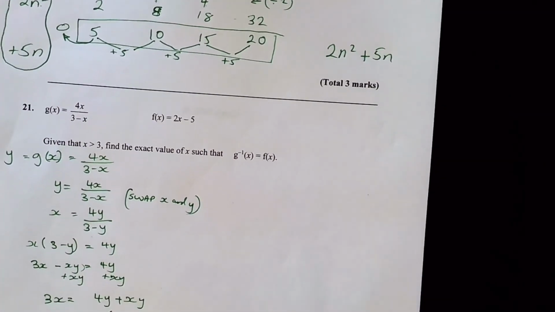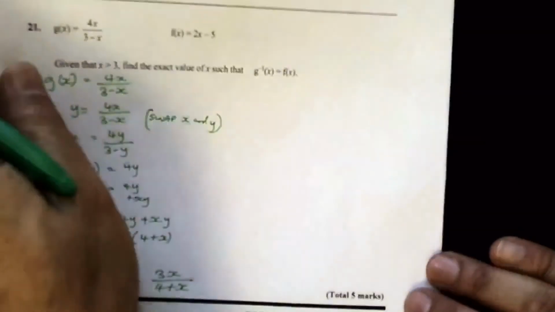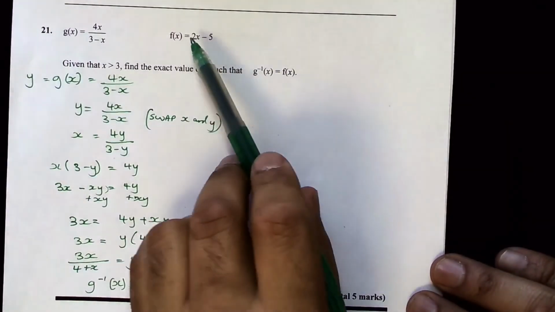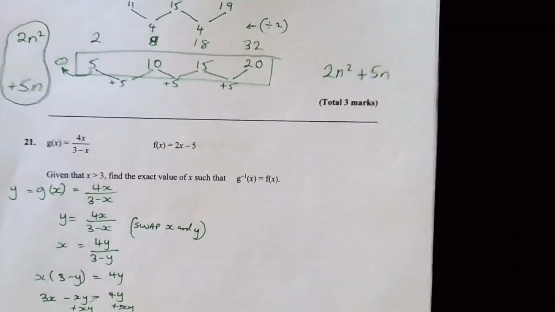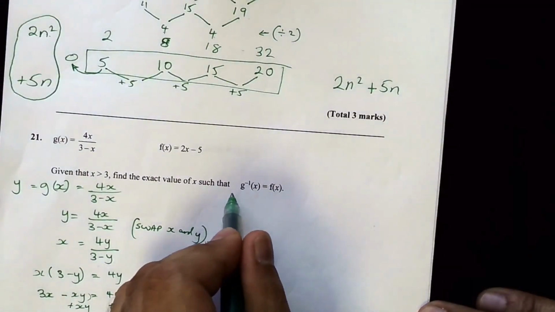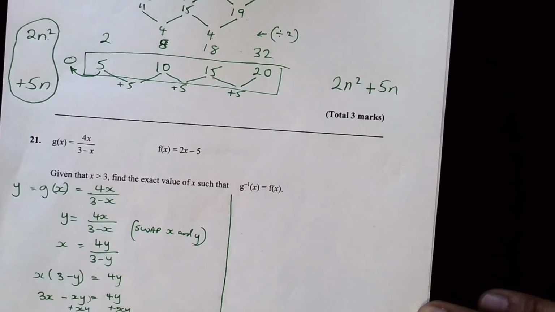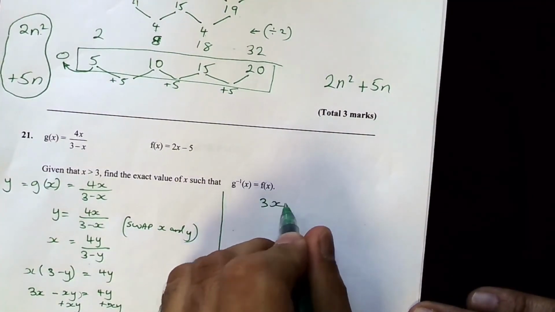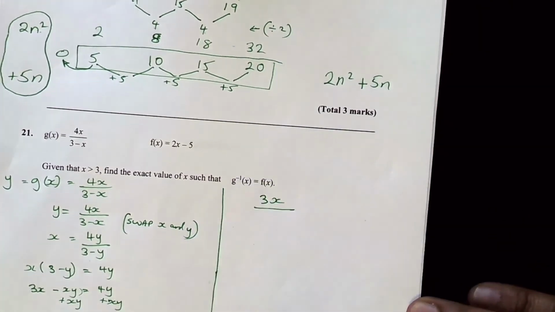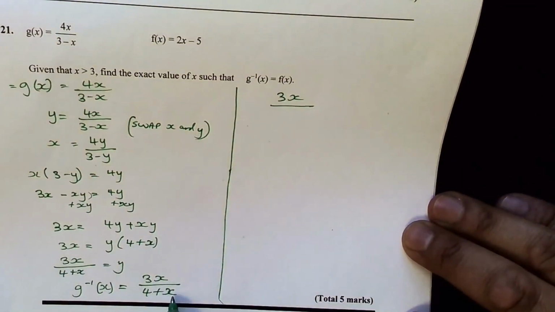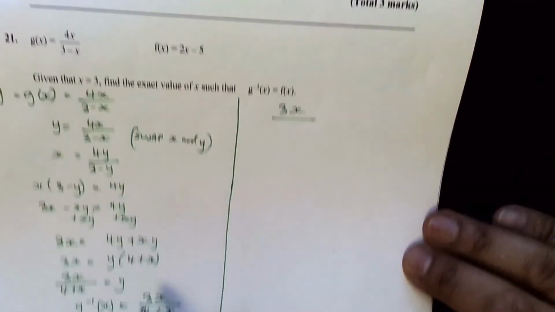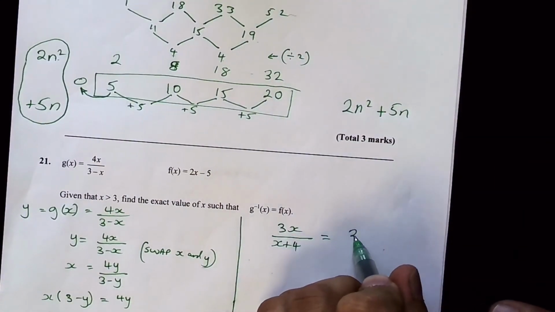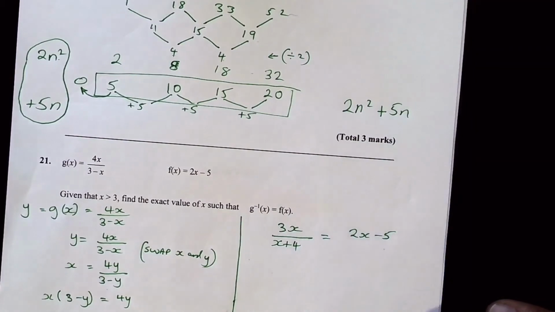So now I'm going to rewrite this out and make this equal to 2x minus 5. Let me just divide the page up into two so we can see what we're doing. So now 3x divided by x plus 4 is equal to 2x minus 5.